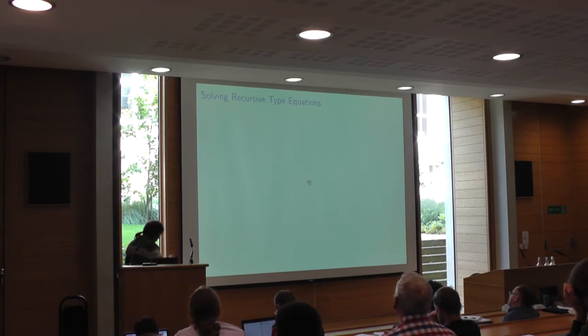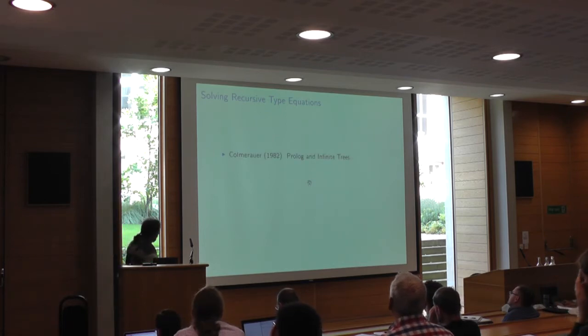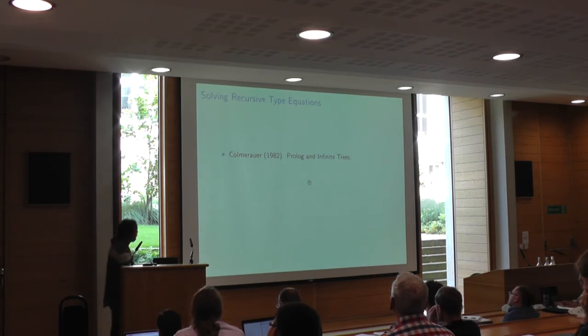So why do we want to use recursive equations? I don't know French, but I think it's Colin. He proposes one paper called products and another way to solve equations.